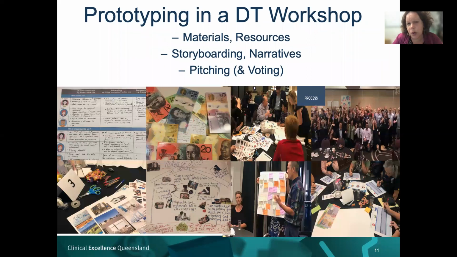When it comes to prototyping in a design thinking workshop, though, in general, it's well and truly enough to provide paper, pens, maybe some pictures, cardboard, maybe some coffee cups so people can assemble things, and some bits of wire and just any kind of resources you've got lying around.